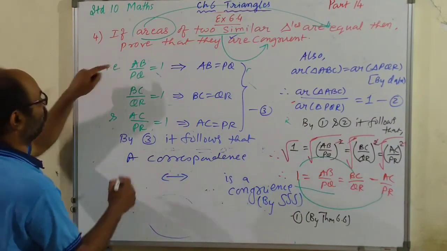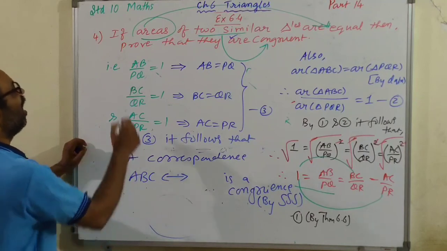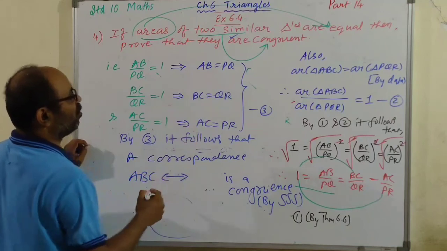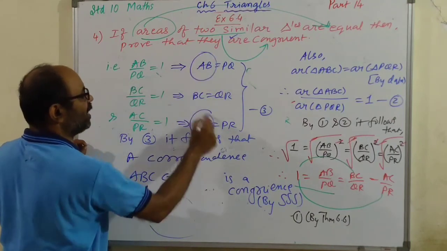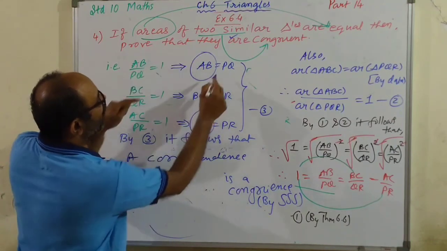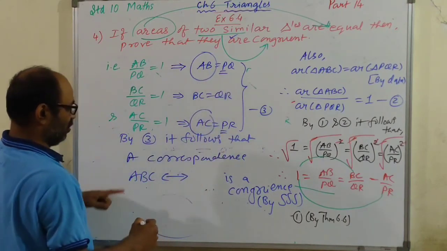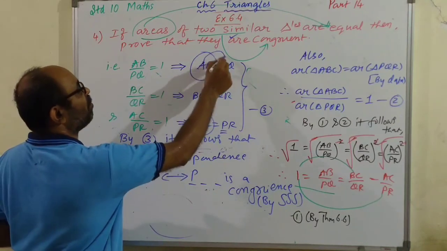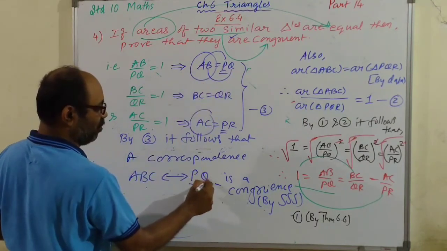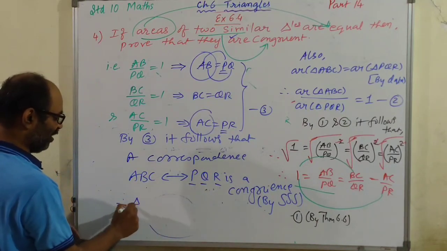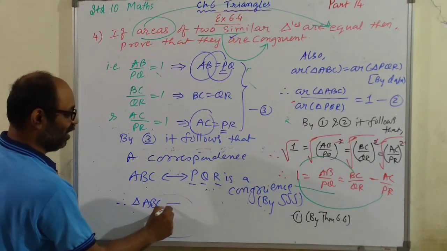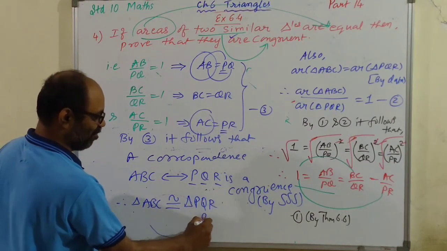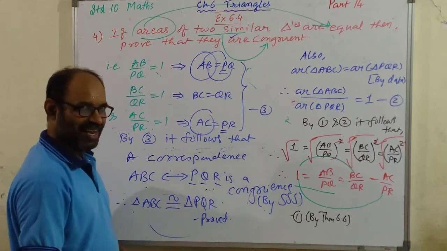Now on the left hand side let me write ABC. A corresponds to what? Here AB and AC have A repeated and there P is repeated, so A corresponds to P. Now A corresponds to P is known, so B corresponds to Q and C to R, and therefore triangle ABC is congruent to triangle PQR. Proved. That was easy, isn't it?